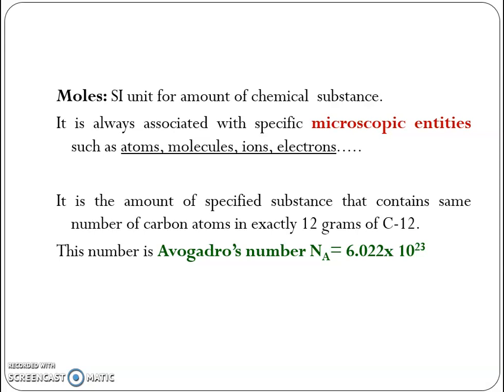What is moles? It is the amount of specified substance that contains the same number of atoms as there are carbon atoms in exactly 12 grams of C12. So here C12 is taken as a reference. And this number is known as Avogadro's number, which is 6.022 into 10 raised to power 23.